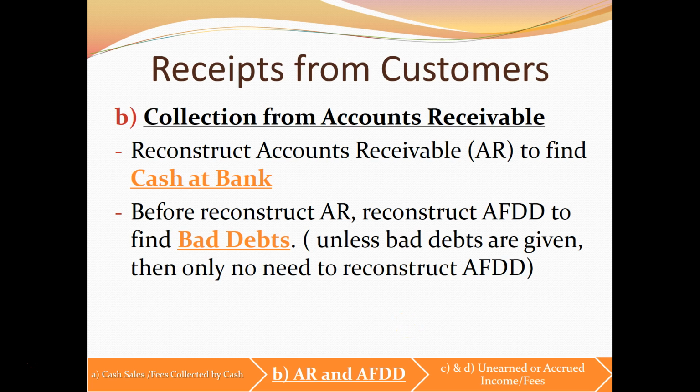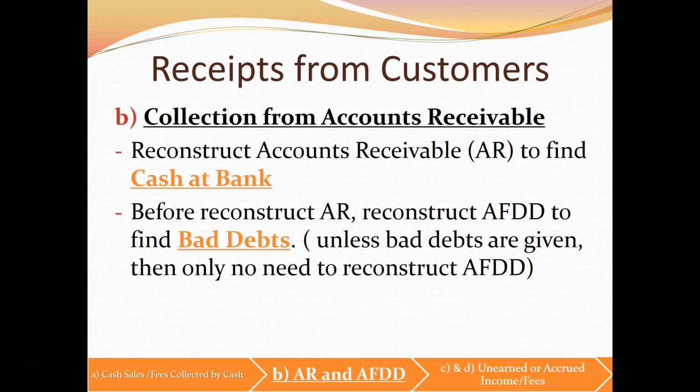What happens when we sell by credit? When we sell by credit, we have accounts receivable. So when we have accounts receivable, we will find the information given for accounts receivable in 2 places.